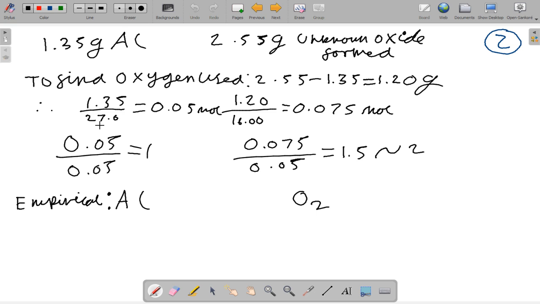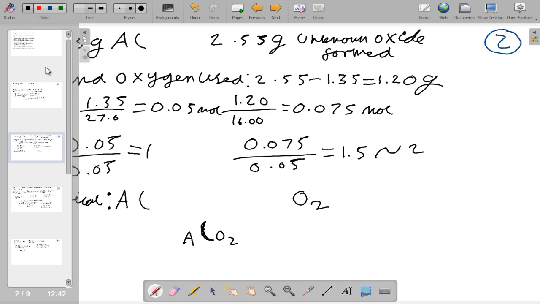So we need to divide by the smallest. 0.05 and 0.05 is 1, and 0.075 over 0.05 is 1.5, which is approximately 2. And so the empirical formula is AlO2, like that.